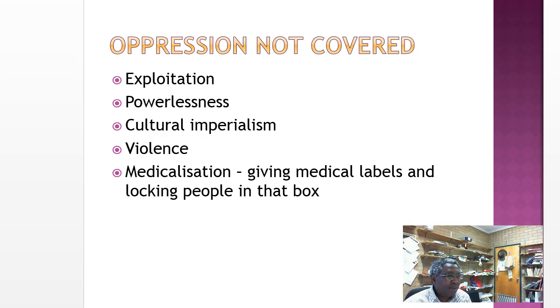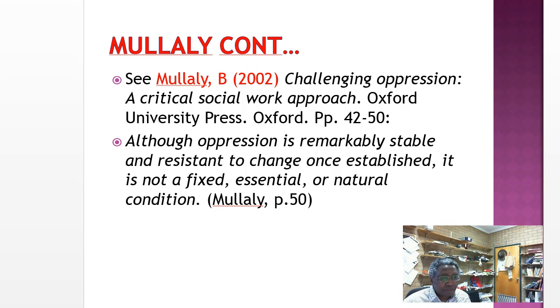So if you want to read more, you can look at Murray, Challenging Oppression, and in that he argues that oppression is remarkably stable and resistant to change once it's established, but it's not fixed, nor is it an essential or natural condition.